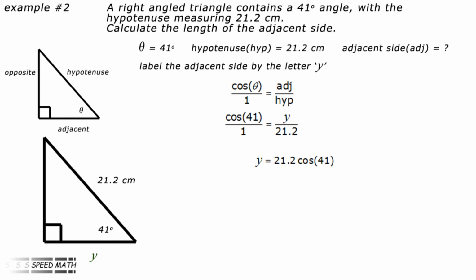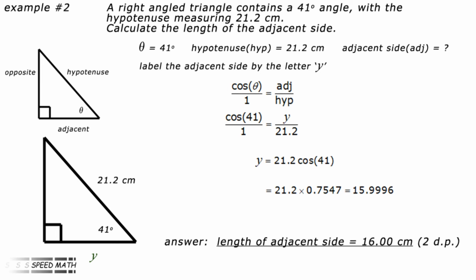So y is equal to 21.2 multiplied by cosine 41 degrees, which equals 21.2 times 0.7547, which gives us 15.9996. Therefore, the adjacent side y equals 16.00 centimeters to 2 decimal places.